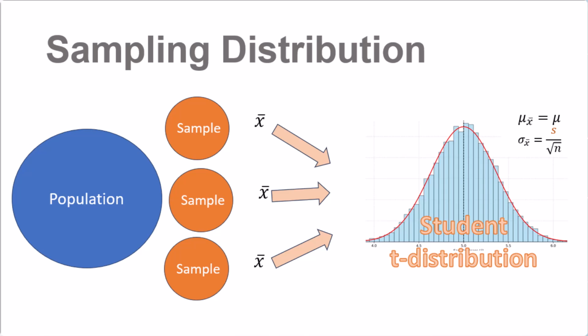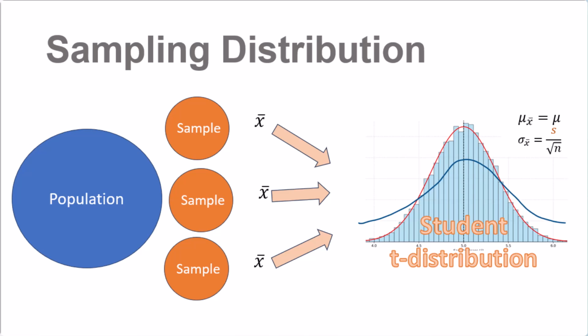The only difference is that this student t distribution will be a little bit shorter and more spread out. So something maybe like this. Particularly for small samples. So the smaller your sample size, the more spread out, the fatter the tails of the distribution are. As your sample size gets very, very large, the t distribution becomes basically exactly the same as the normal distribution.